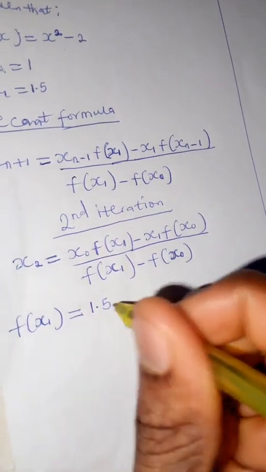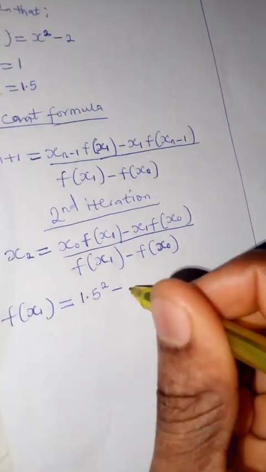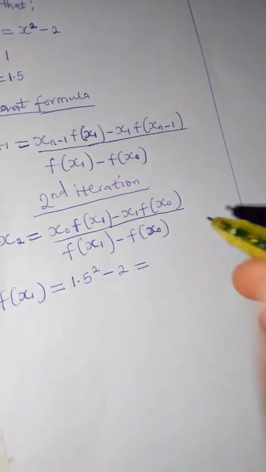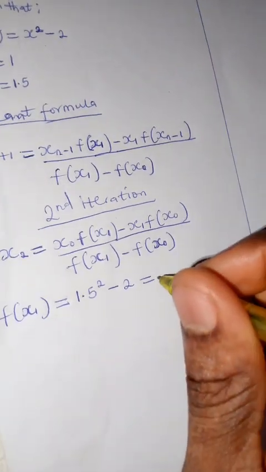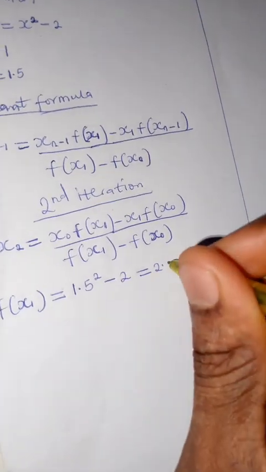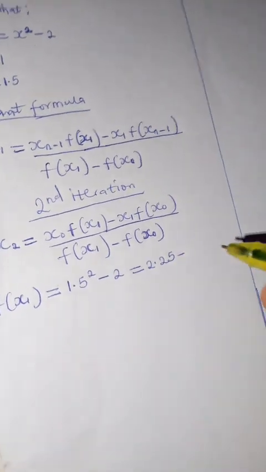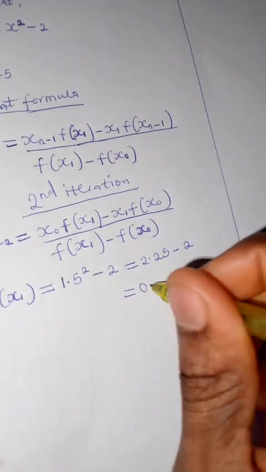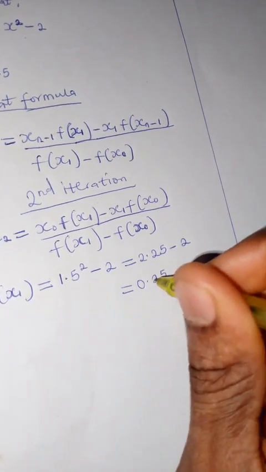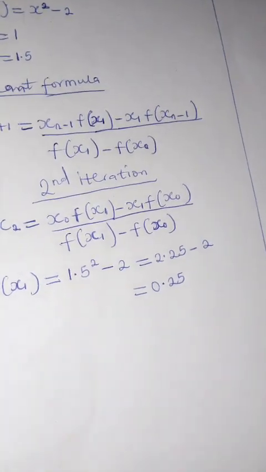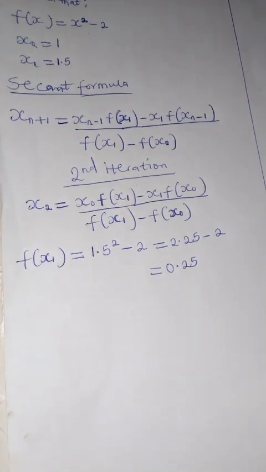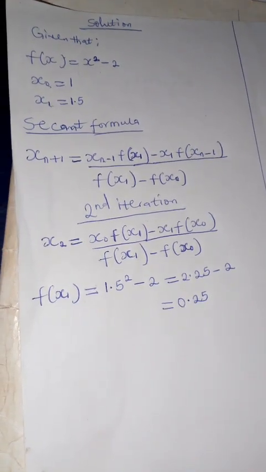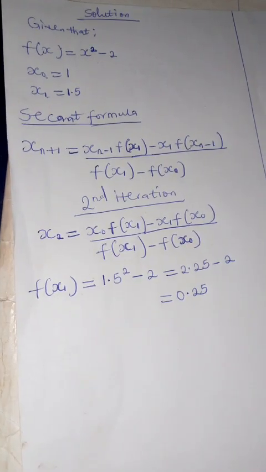So 1.5 squared minus 2. 1.5 squared is 2.25, minus 2, will give us 0.25. This is our f of x1. Hope it's very easy.